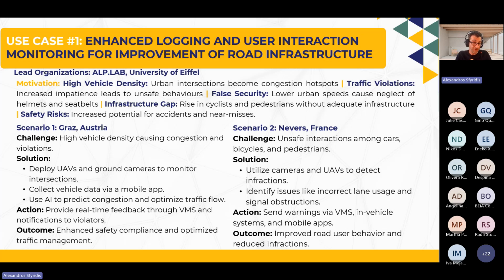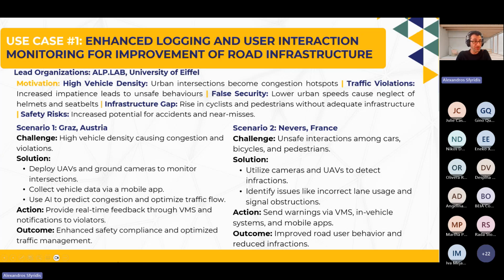So the first scenario in Graz, Austria. The challenge here is the high vehicle density, so the focus is on cars and intersections, where, as mentioned, many violations may occur, such as vehicles in unauthorized lanes or driving in opposite directions or not paying too much attention to the traffic lights.